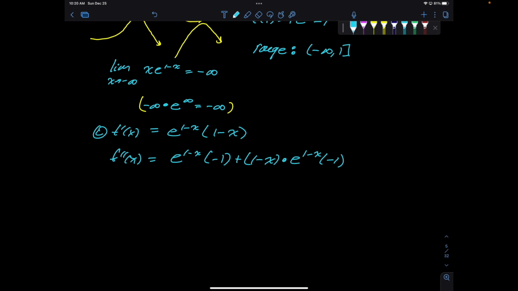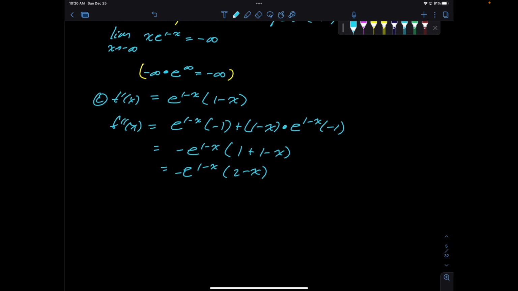All right, what can we do? We can take out negative e to the 1 minus x, which will leave us with 1 plus 1 minus x, negative e to the 1 minus x times 2 minus x.